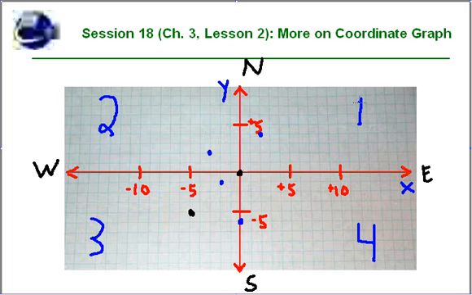Why would they start at the top right with the 1 as opposed to starting the way we normally read, which is left to right? I think it has to do with the fact that up until this point, most of your coordinate graphing has been done where you've had positive values for x and y only. We've only introduced negative numbers recently.